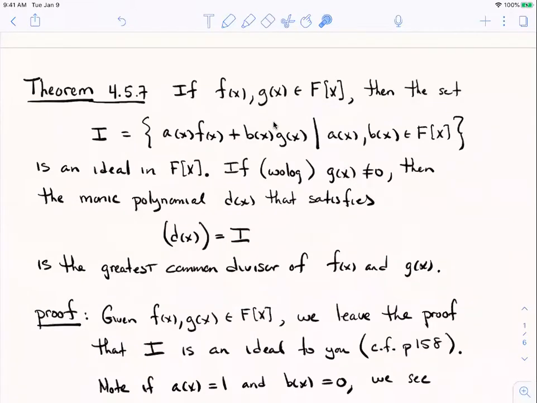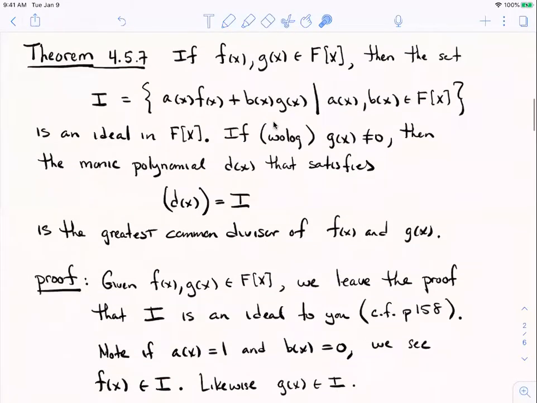Okay, so you can take a look. Herstein writes the proof on page 158. I personally think it's a good exercise. You guys need to practice showing sets that are defined like this, defined with some condition, or subgroups and ideals. So I'm going to leave it as an exercise to you that the set is an ideal. It's written out in your book on page 158, but if I were you, I would try to prove that on my own before I went and read Herstein's proof.